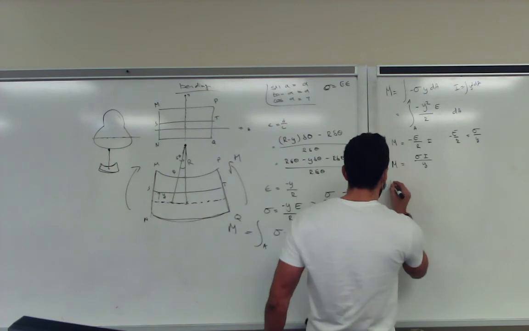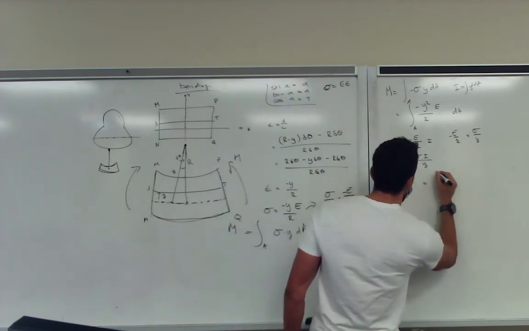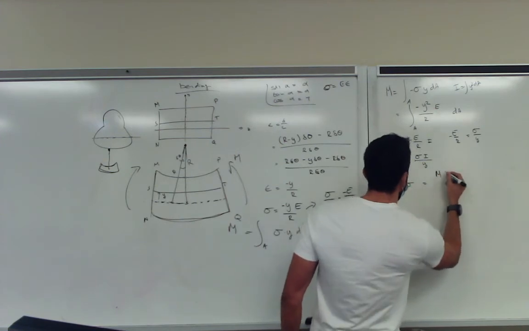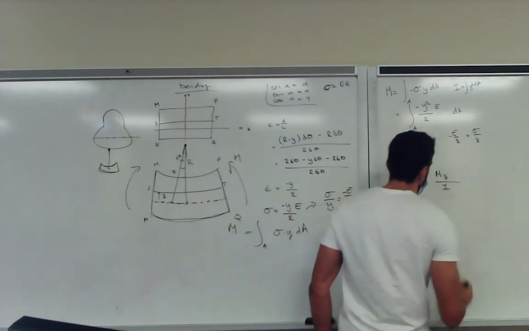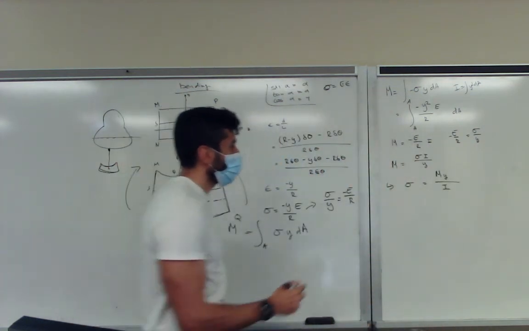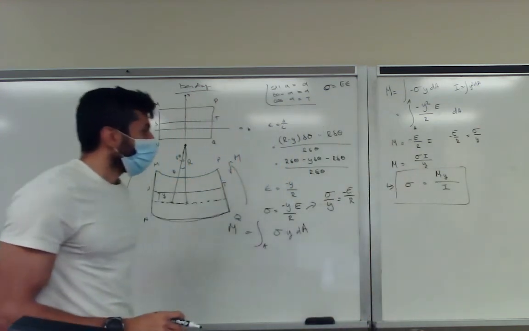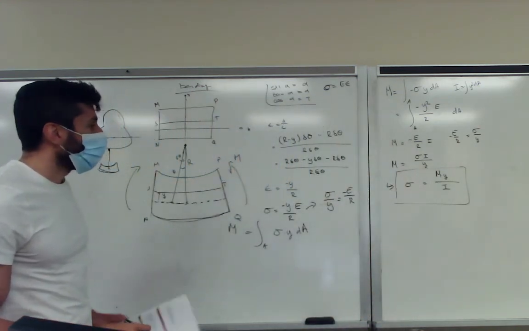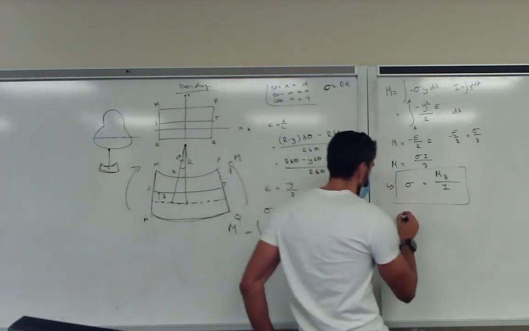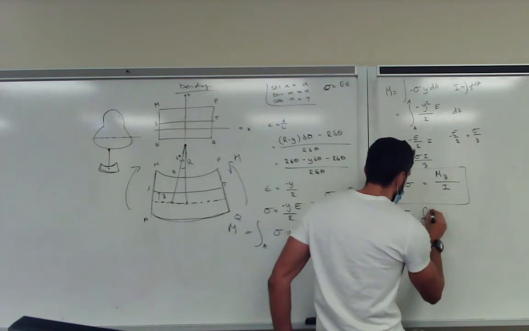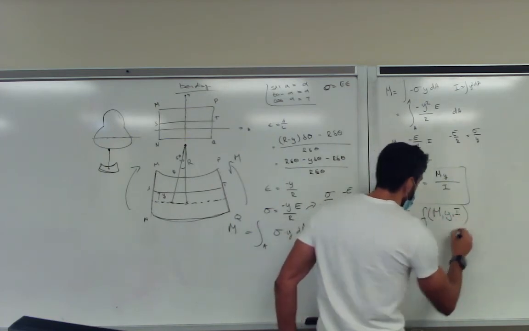So we just rewrite that and we get our final equation. Direct stresses are a function of the moment multiplied by the distance y over the moment of inertia I. This is our final equation that gives us the relationship that we wanted to derive.